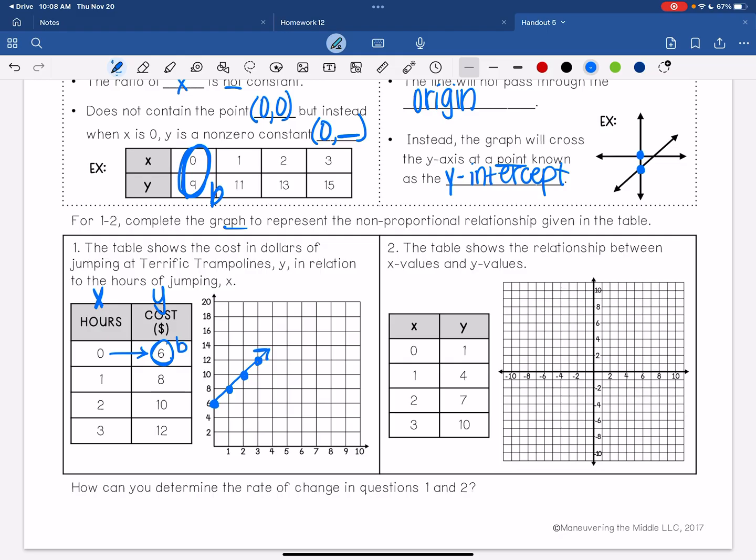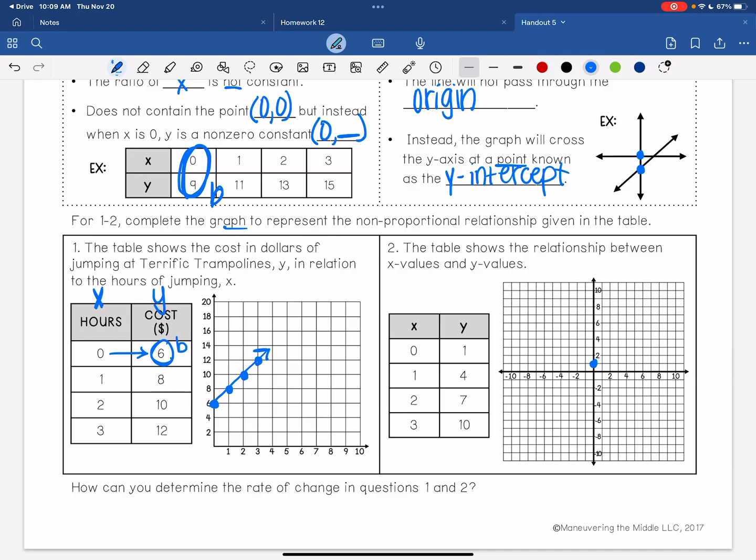There's my line for terrific trampolines. Over here, there's not a situation. It's just x and y values. Notice over here we have 4 quadrants, quadrant 1, quadrant 2, quadrant 3, quadrant 4. So this one does go over into the negatives if we need them. So I'm going to start off with a point 0, 1. That's going to be right here.